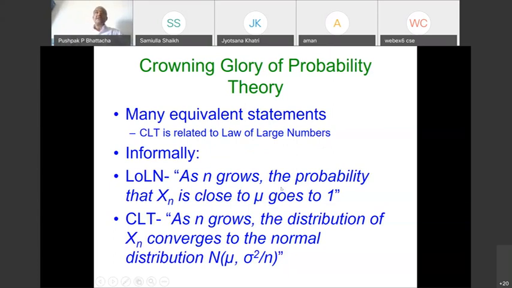So this is the situation that is applicable to us in the beginning part of the discussion. Remember, we said the probability of noun phrase going to determinant noun is 0.5. Okay, so this has relationship or support from the law of large numbers. As n grows, the probability that xn is close to mu goes to 1.